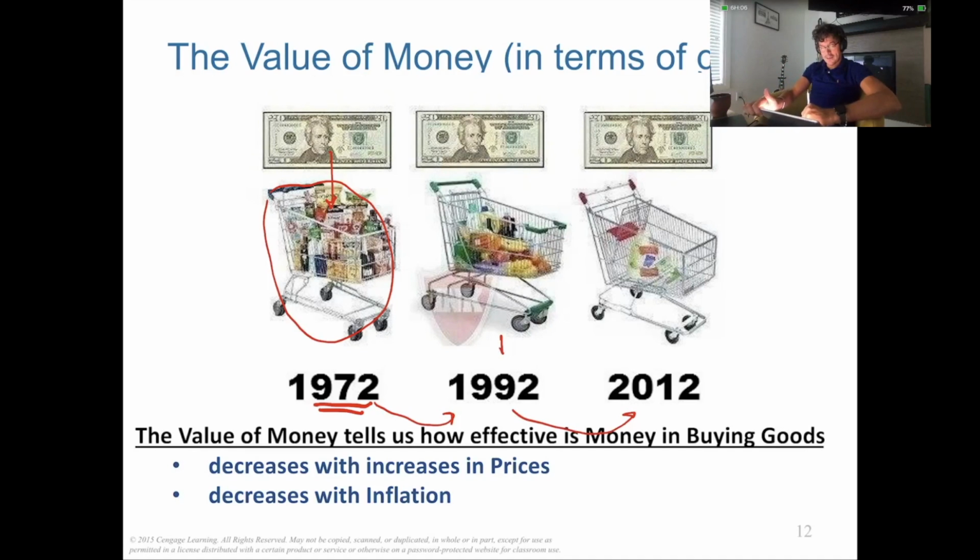So the value of money, generally speaking, tells us how effective this good called money is in buying goods and services. And of course, it decreases with increases in prices, so it decreases with inflation, that as we have seen in chapter 11 and also chapter 10, measures the growth in the prices in the economy.